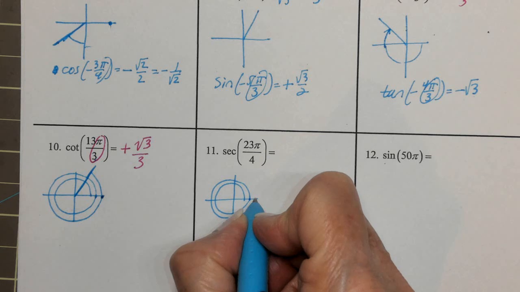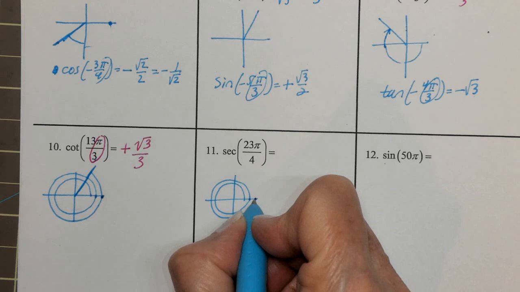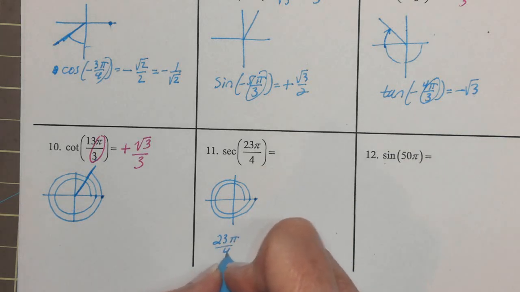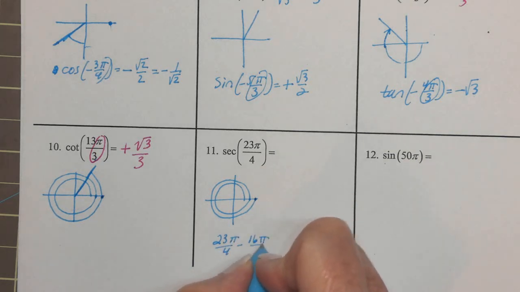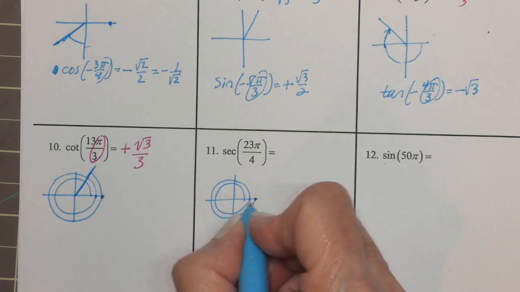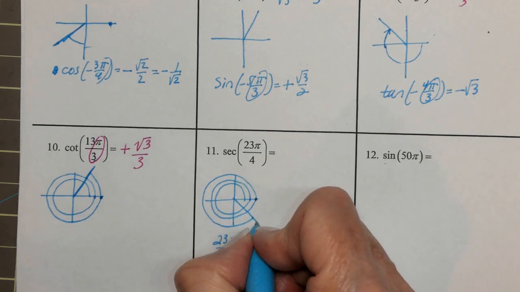If we go 8 more, that's going to put us too many, isn't it? 23 pi over 4 minus 16 pi over 4. What is that? That is 7 pi over 4. So that puts us into the fourth quadrant.